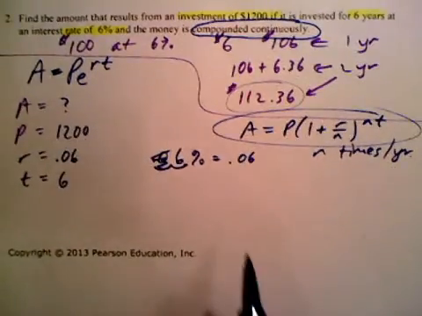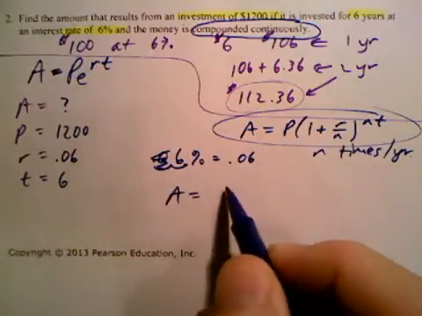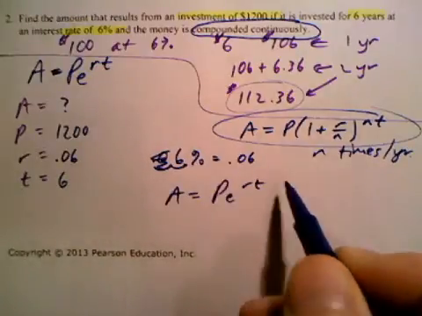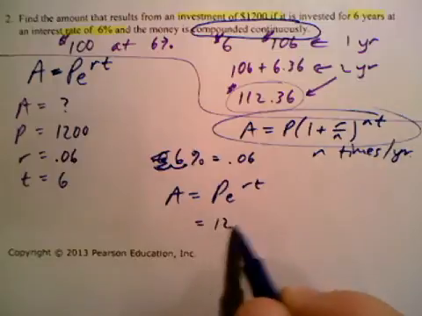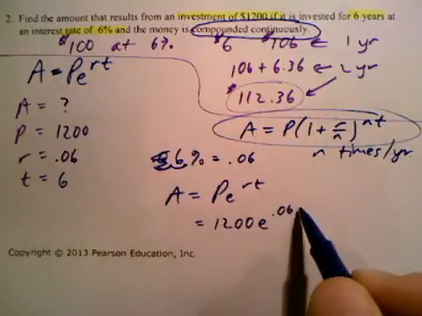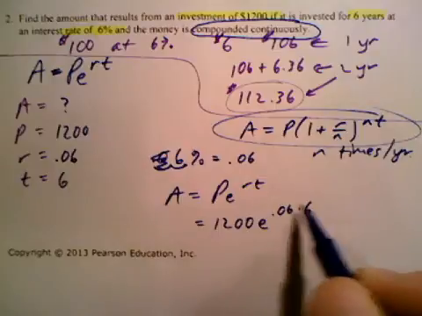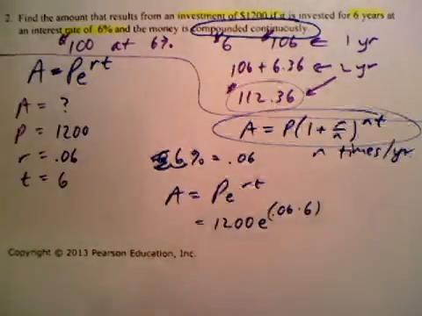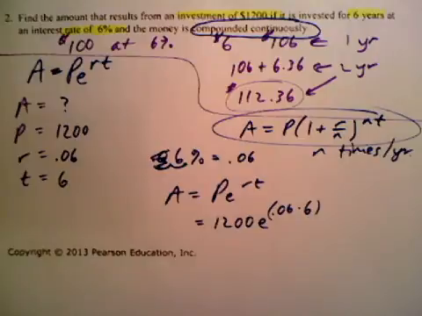Okay, so let's just go ahead and plug it in. A equals P e to the RT. We know that P is 1200, the R is 0.06, and the T is 6. Okay, I'll show you on my calculator how to do this one. Basically the same thing as the other one, but I didn't show you on a calculator the other one. So just keep in mind that's your formula.